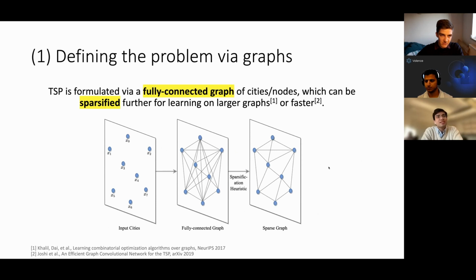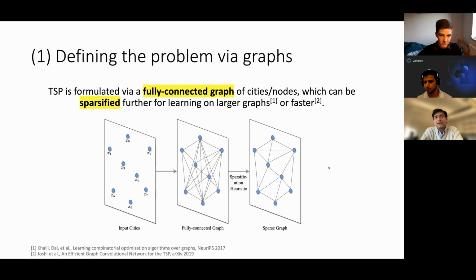So the first one is just to define your combinatorial problem with a graph. And this is usually fairly straightforward. As I said, most combinatorial problems are defined via graphs. And in the case of TSP, it's usually defined via a fully connected graph of nodes or cities.